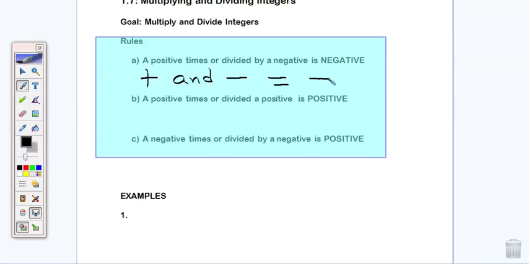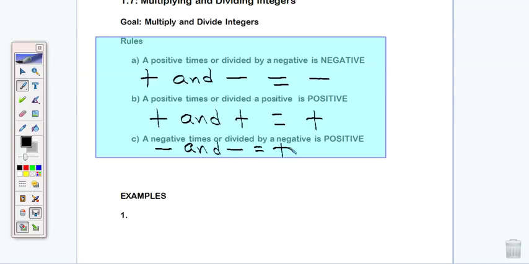And it's only which two operations again now in this section? Which two? Okay. Positive times or divided by a positive is a positive. So a positive and a positive is going to equal a positive. And then the last one right here, a negative and another negative is positive, okay?